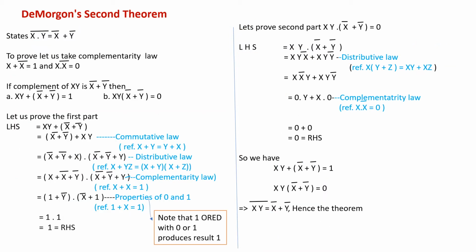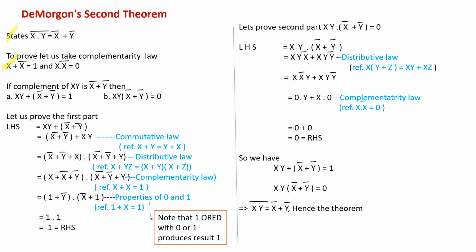Now let us prove De Morgan's second theorem. It states that (x and y) complement is equal to x complement or y complement. To prove this theorem, we are going to take the complementarity law, which states that x or x complement is equal to 1 and x and x complement is equal to 0.